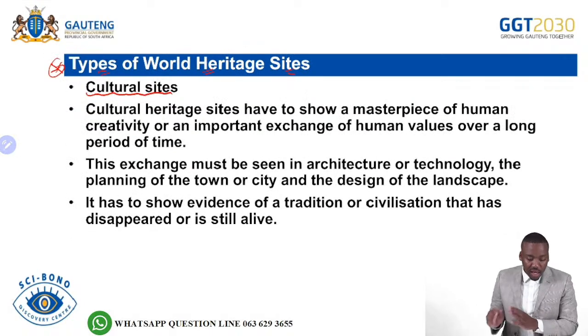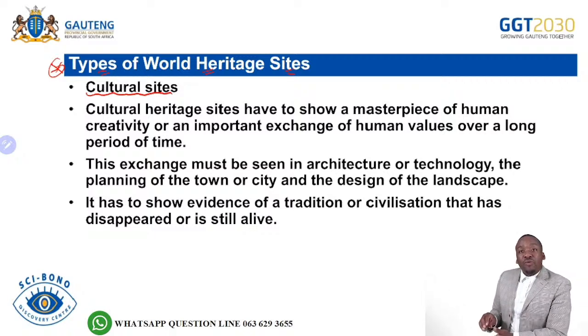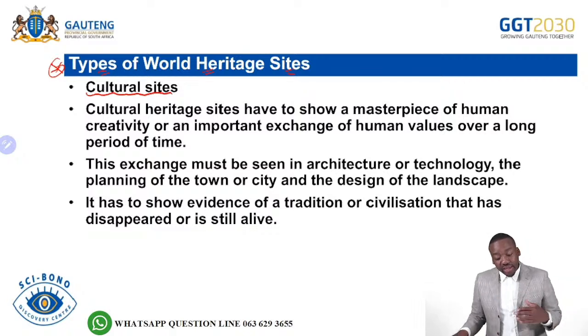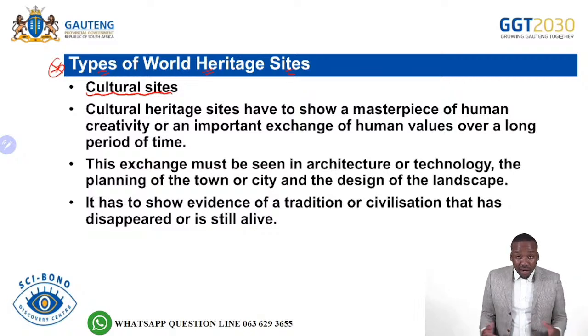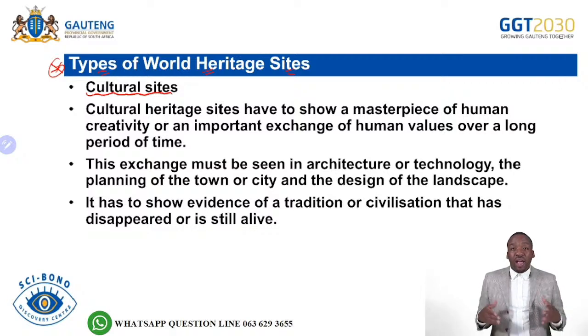All right. So type number 1, we've got sites that are cultural World Heritage Sites. What do I mean by that? Remember, culture here is about the lifestyles of the people. Maybe in that particular section, they are preserving languages and the lifestyles of a particular tribe.